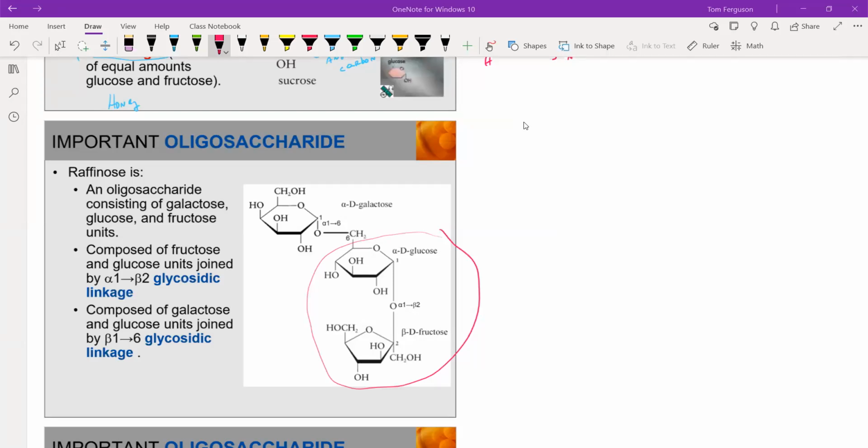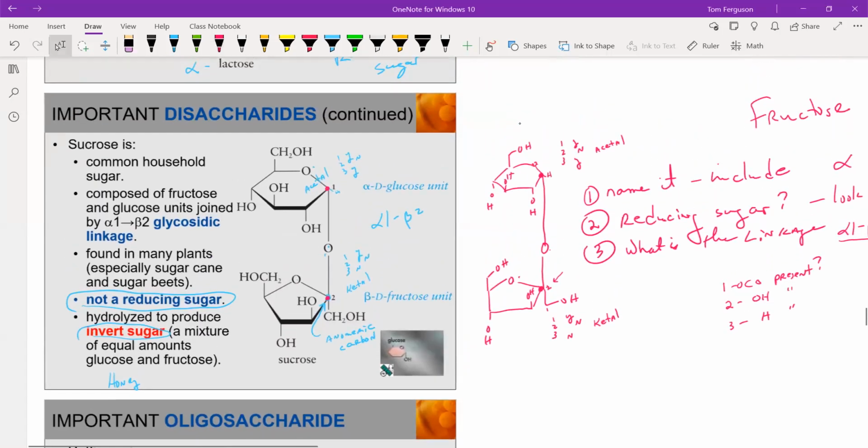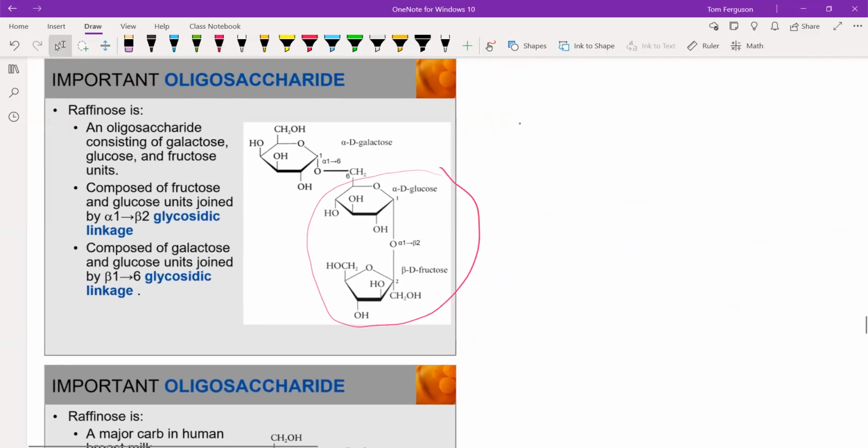It's sucrose. That's right. We just talked about right there, sucrose. Okay, and it has galactose tied in at carbon number 6 off the glucose.